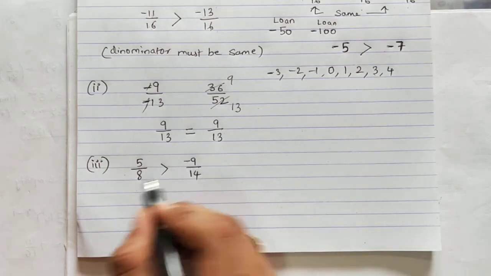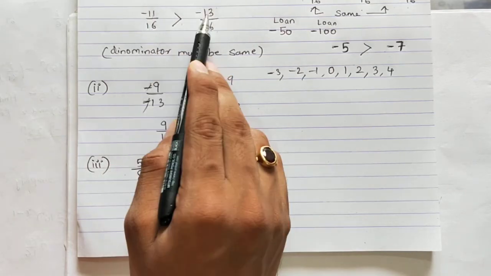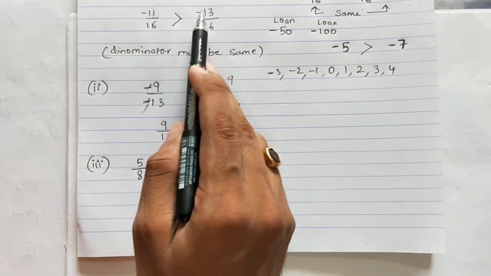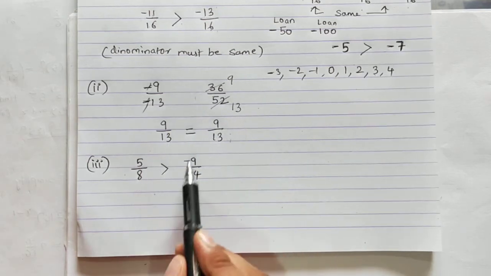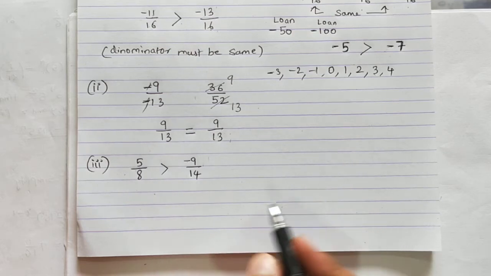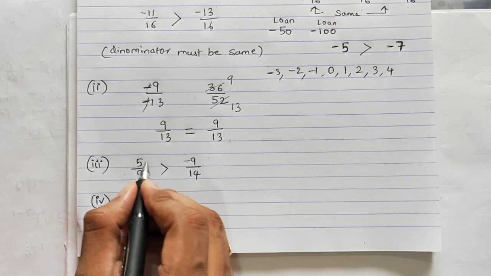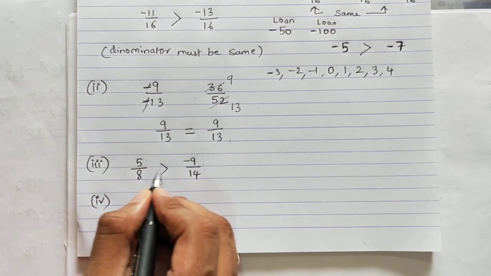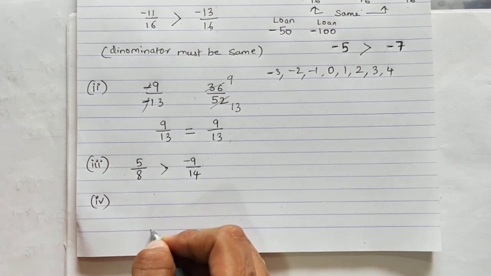Easy, because there is a difference of positive and negative. In the earlier case both were negative, so I had to think which one is less, which one is more. In that case both were positive. Here one is negative and one is positive, so positive will always be greater than negative. See, this one is bigger, this one is positive, so the open part is here and the point is here on the smaller side.